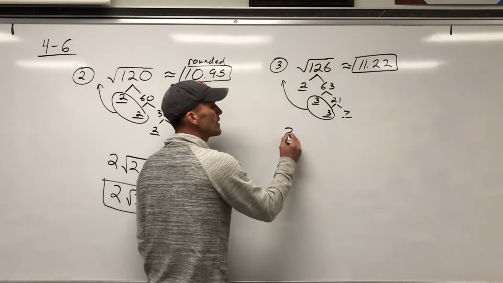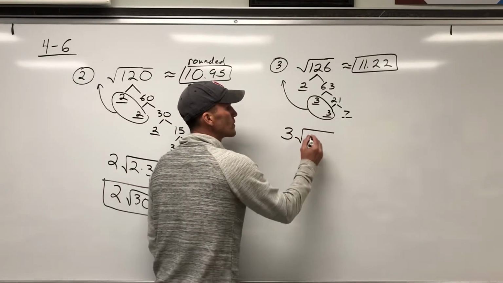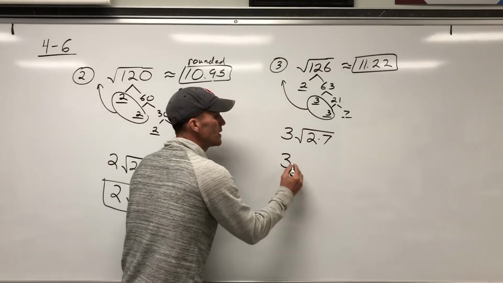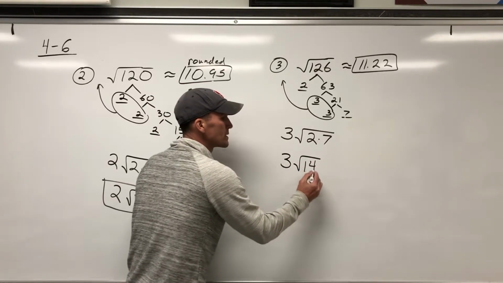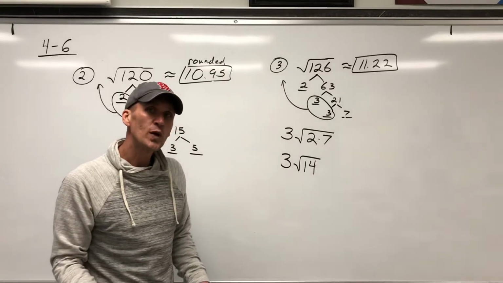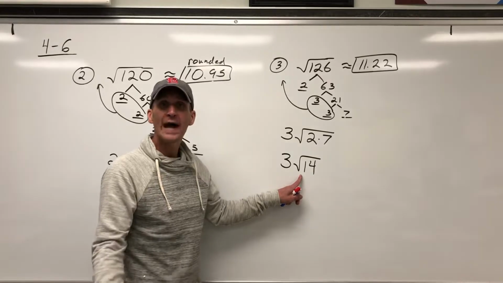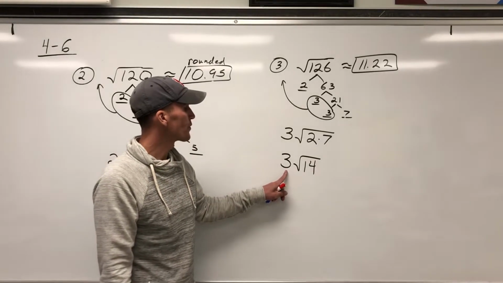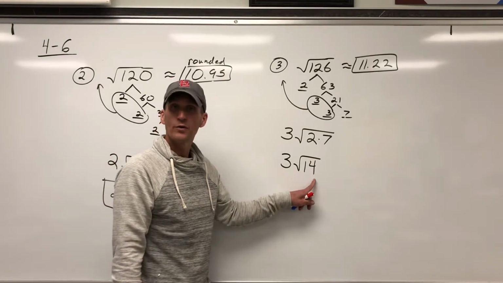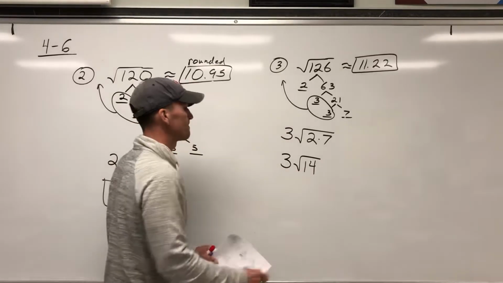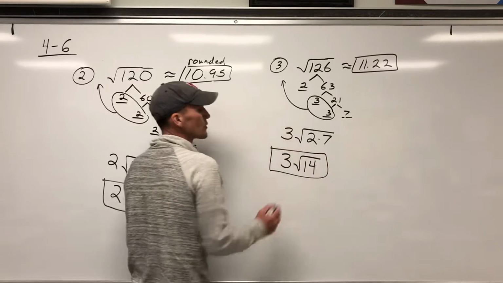So I have 3 on the outside, square root of 2 times 7 on the inside, or 3 rad 14. Instead of saying the square root symbol, you might have heard me say rad a couple times. That is the radical symbol as well. So 3 times the square root of 14, or 3 rad 14. And that's called your exact answer.